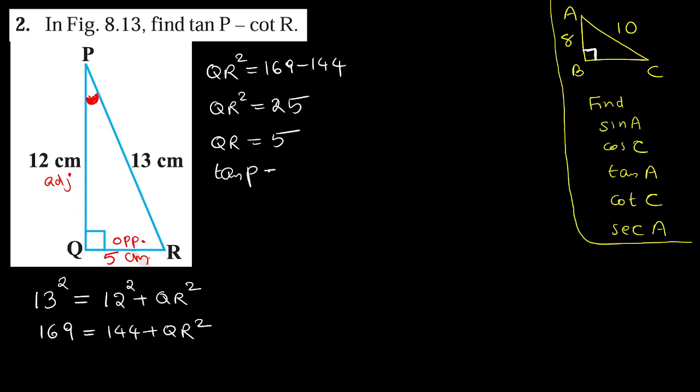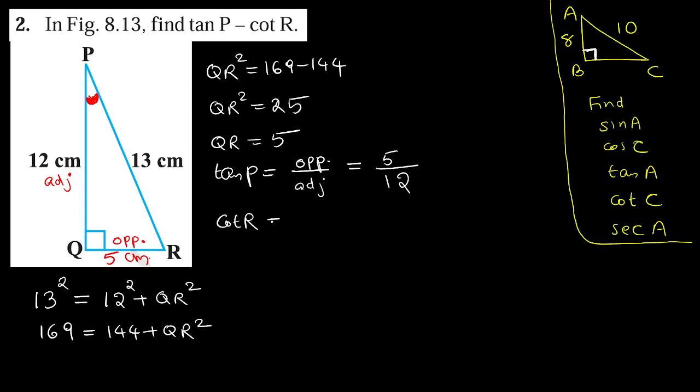Tan P equal to opposite side by adjacent side. Already studied, never forget it. Opposite is 5, adjacent side is 12. Understood? Nishit, Lina already sent. Samriddhi, understood?